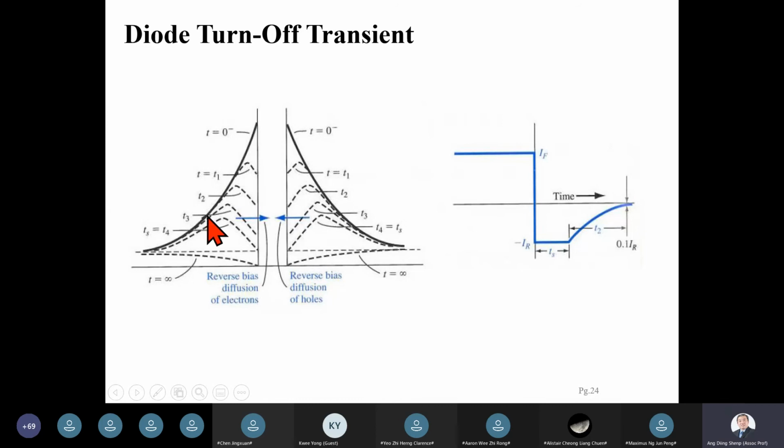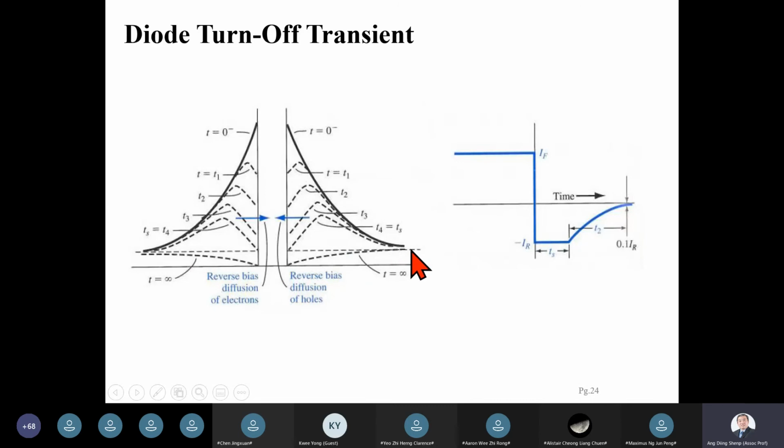But since there is excess minority carrier charge stored, it can be extracted across the junction, supporting the large current that can flow for a short period of time. As the extraction continues, of course, the excess minority carrier charge stored will decrease with time, and essentially it will approach the steady state condition shown by the dashed line here.